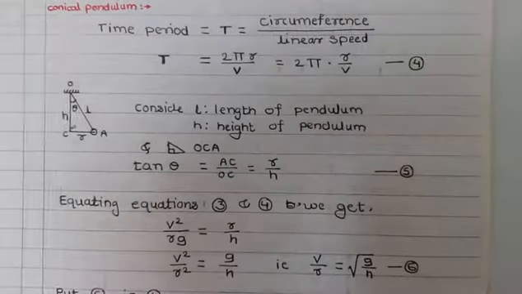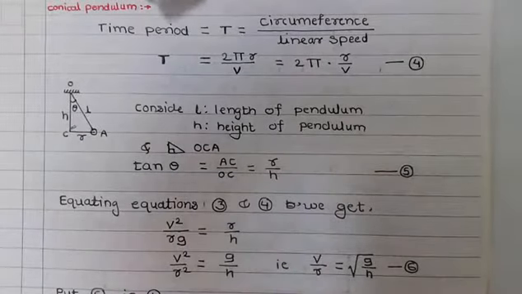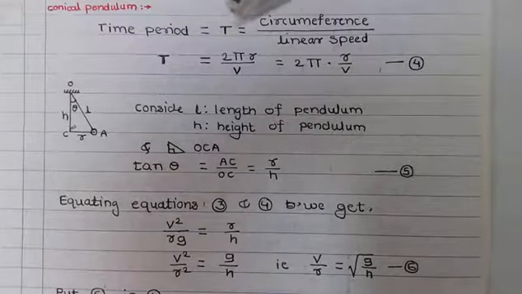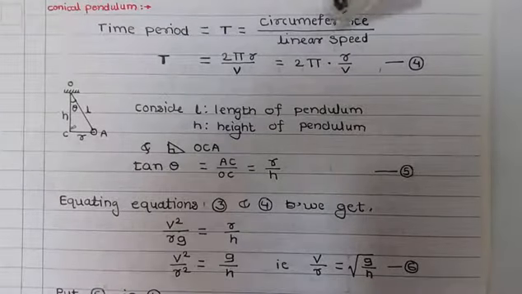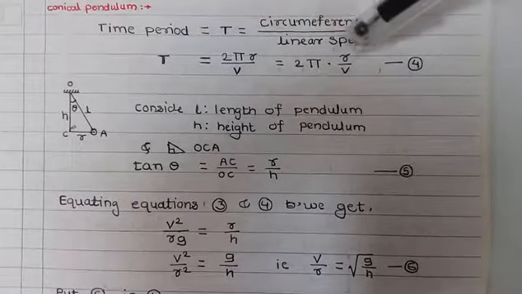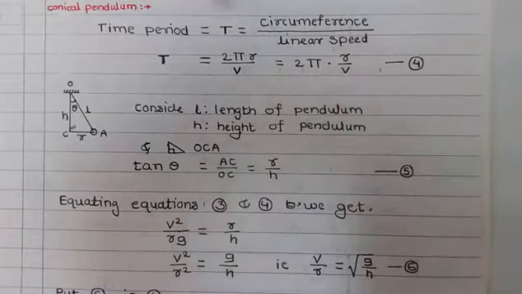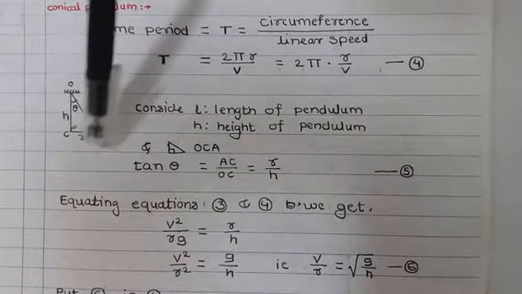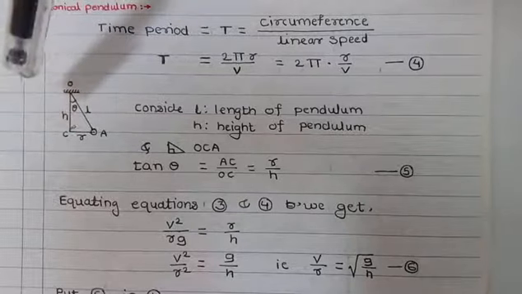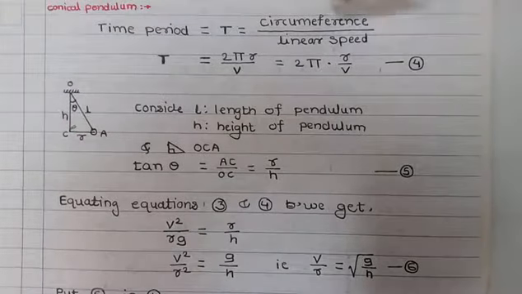Now, this time period is calculated as, we know that the general formula of the time period T is equal to circumference of the circle divided by linear speed. Here the bob is performing a horizontal circular motion. During the circular motion, it covers a circumference.